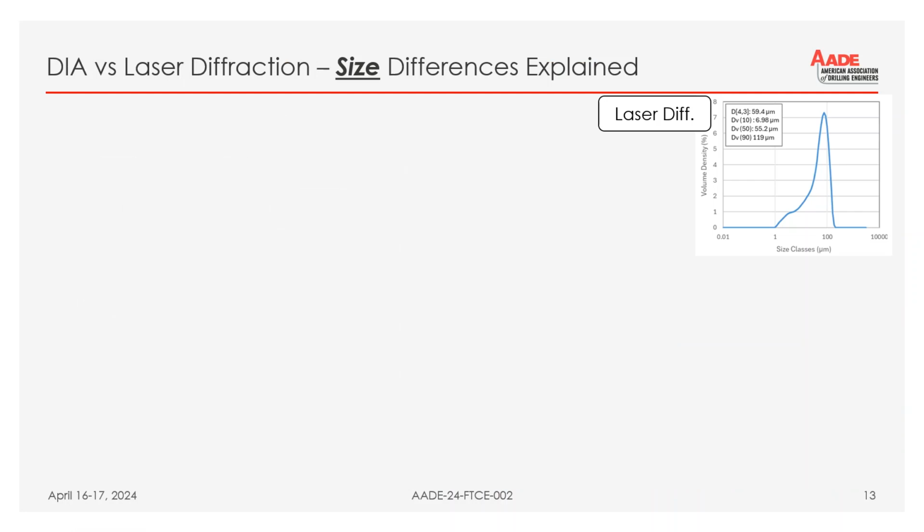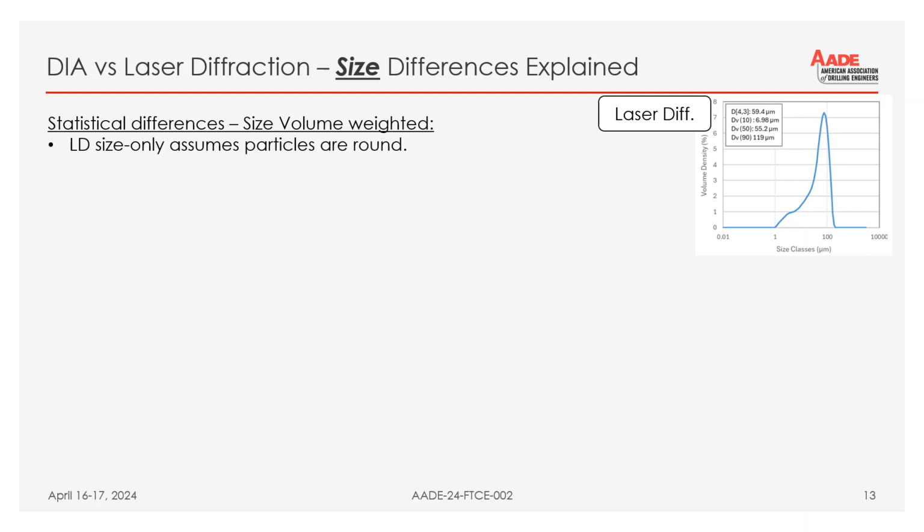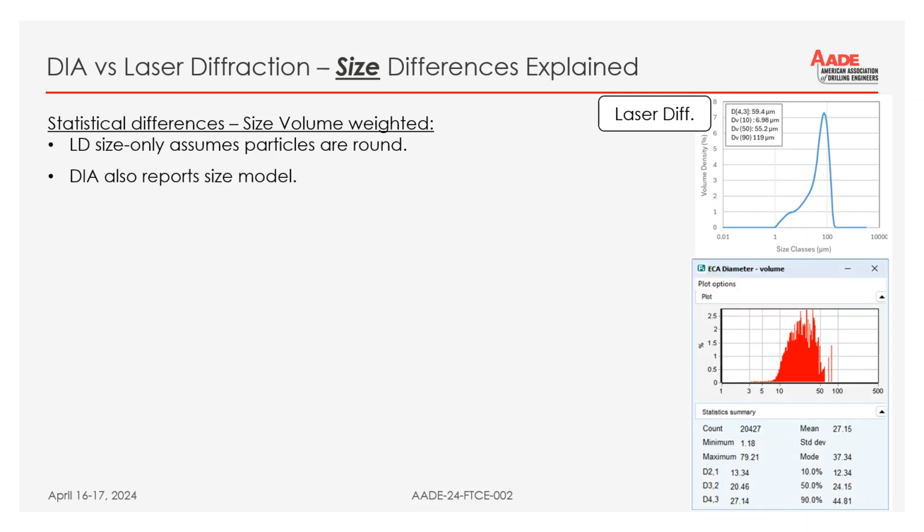So let's talk about size only right now. One of the questions I always get is, will there be a difference in size? And there definitely will be a difference in size. If you're running a dynamic image analyzer and a laser diffraction instrument, you will see size differences, and I'm going to explain why. On laser diffraction instruments, again, remember, they assume all particles are round. Dynamic image analysis has the ability of also reporting a size model, again, assuming it's round.